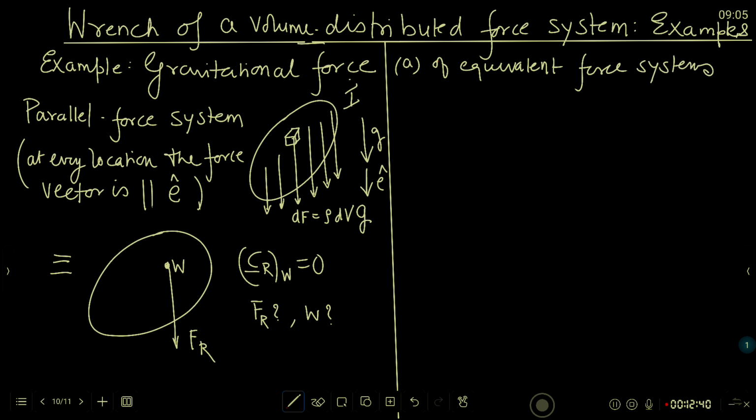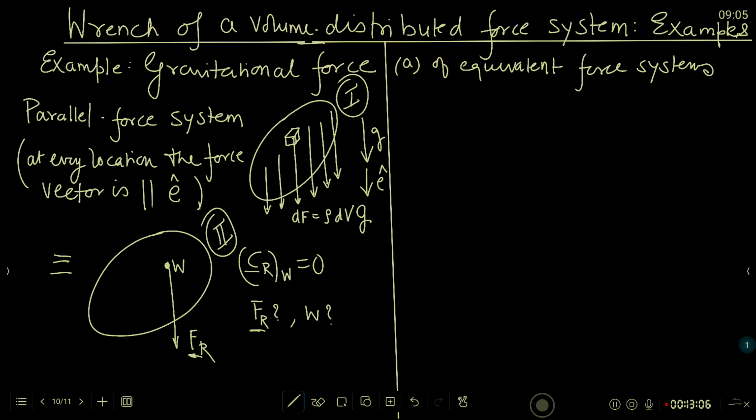This is my system 1, this is my system 2. I get, let me put this as a vector for the time being, because it's actually the vector that I am seeking.